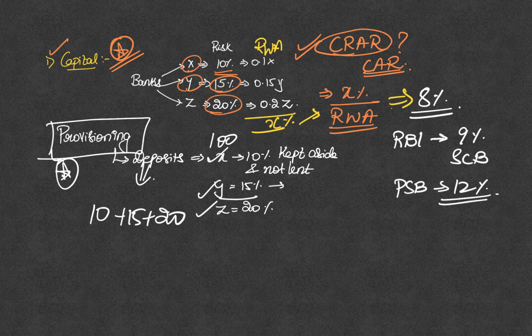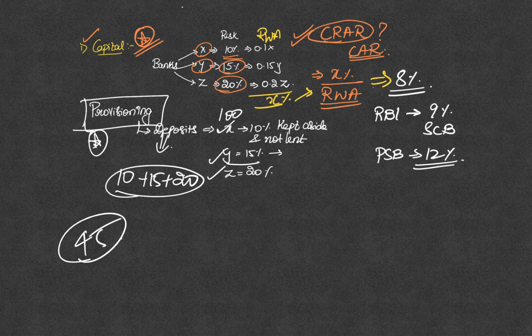should be kept aside. So in the existing set of deposits, if the risk associated is worth totally 20 plus 15 plus 10, 45, at least 45 rupees should be set aside as a provision just in case these loans fail. Now what happens when these loans fail?